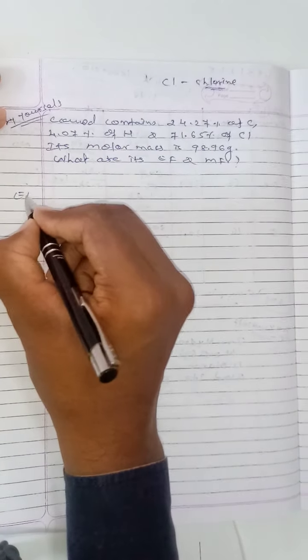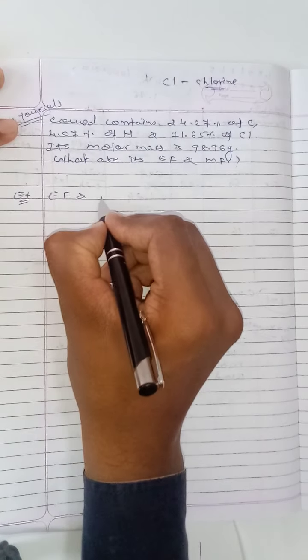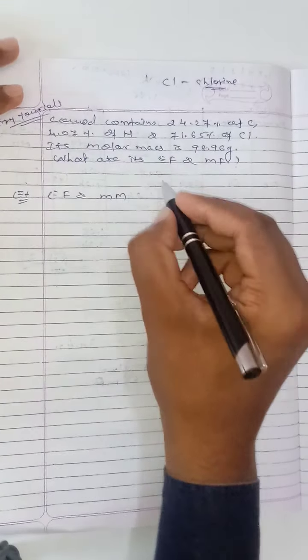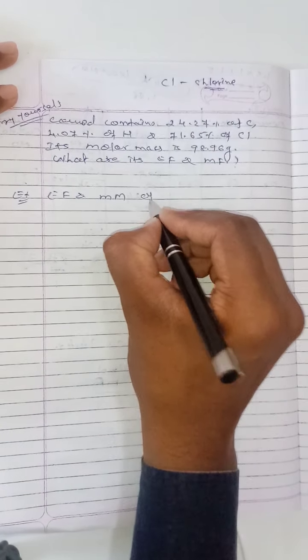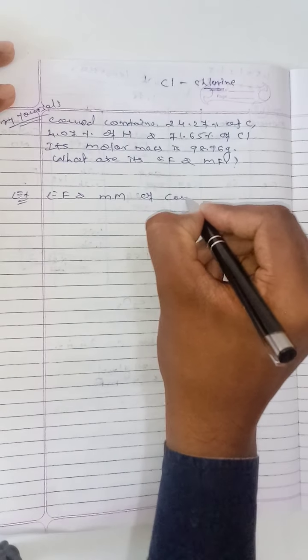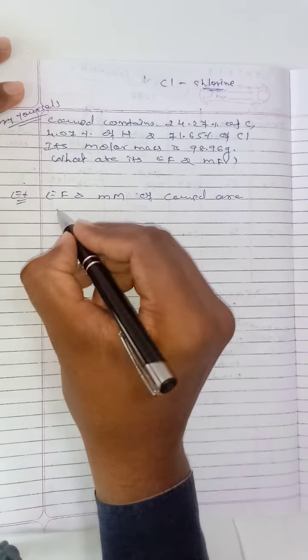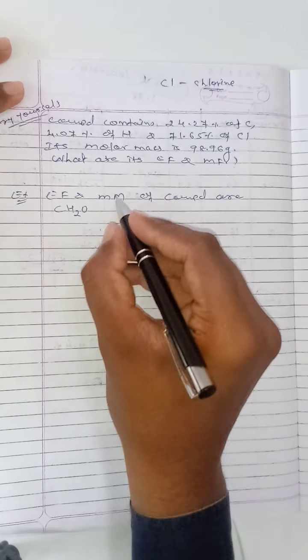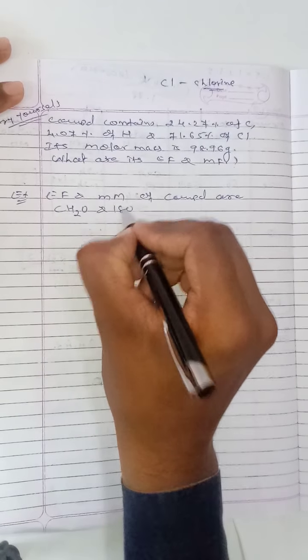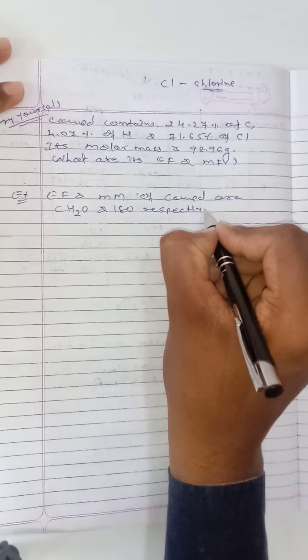Now another example. Empirical formula and molecular formula, molar mass MM, that is molar mass of compound, are CH2O and 180 respectively.